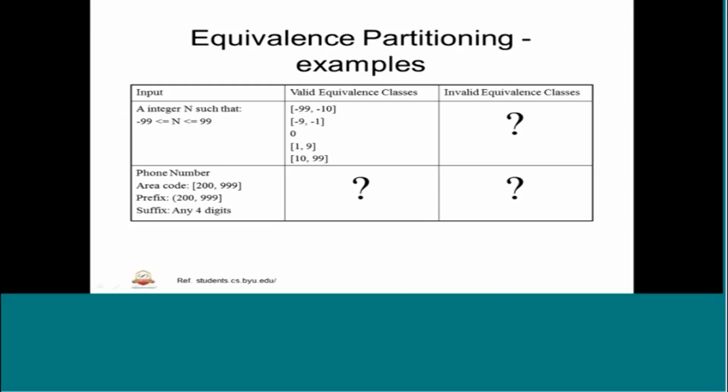So we can have a number of test cases: -99, -98, -97, etc., all within the range, then we can have 0, 1, 2, maybe 10, 20, 30, 50, 60, 90, 99, right?